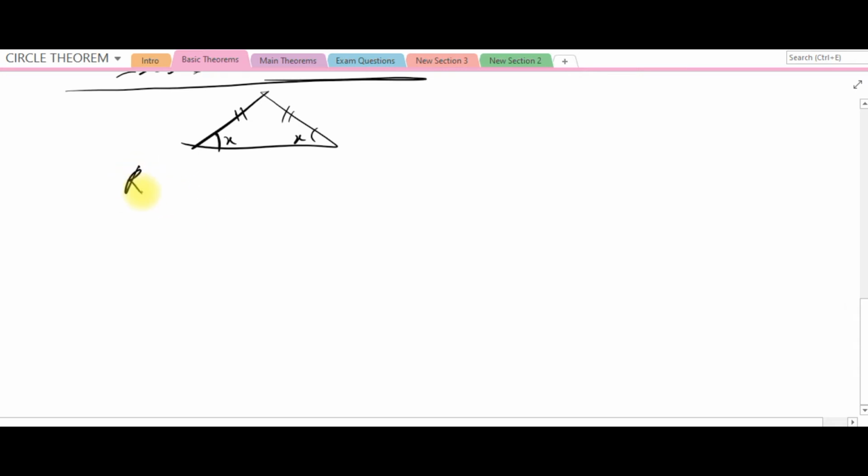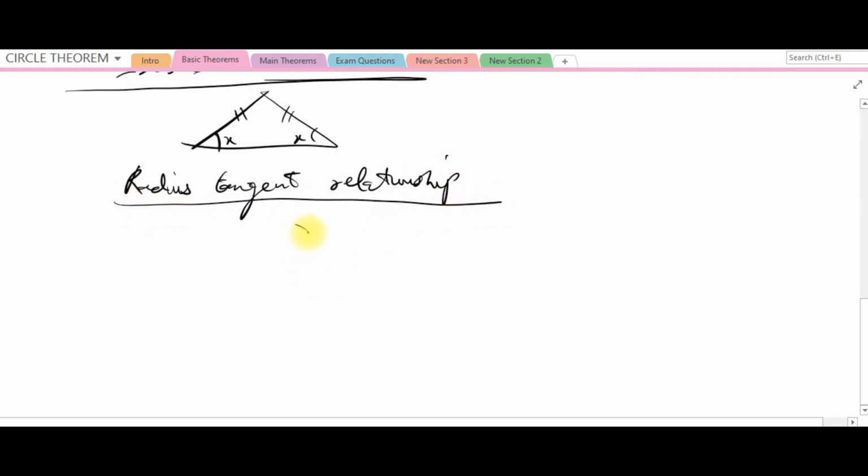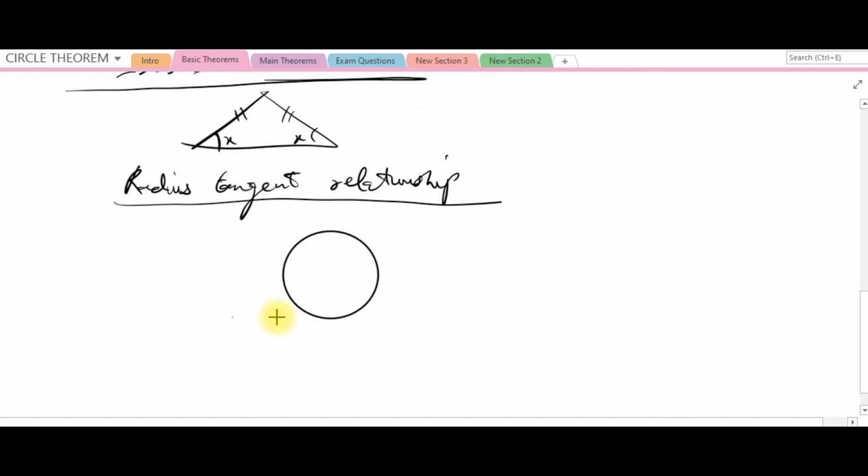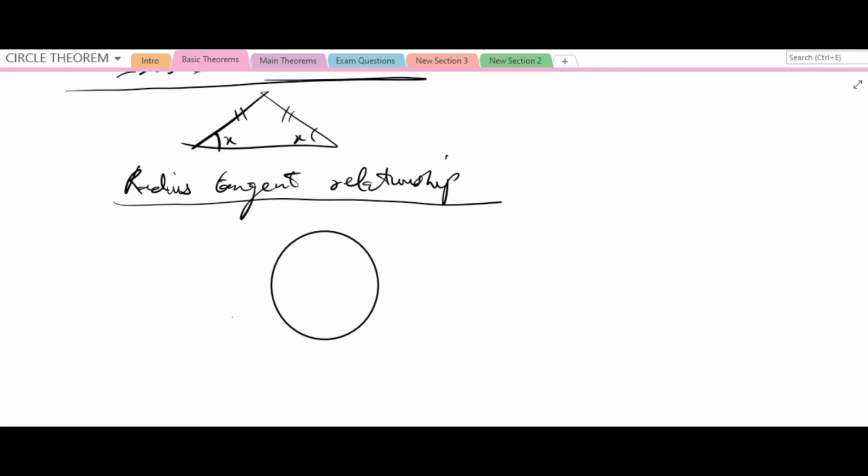It's for a circle. If you have a circle and you have a tangent line.